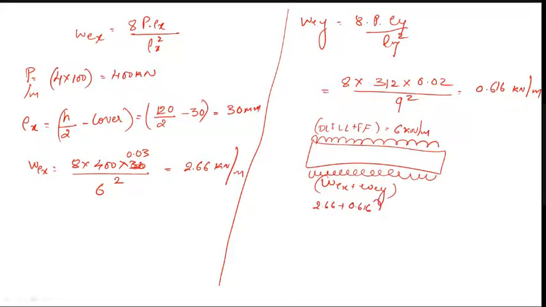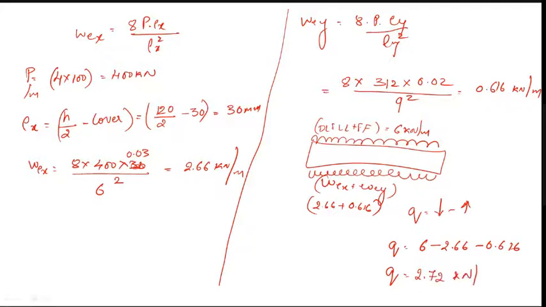Therefore Q is given by the downward minus the upward force, that is 6 minus 2.66 minus 0.616. Therefore the value of Q will be 2.72 kilonewton per meter. I have got the value of Q.